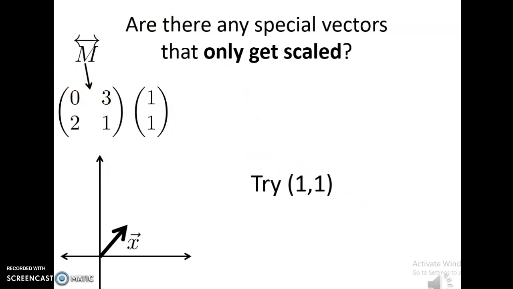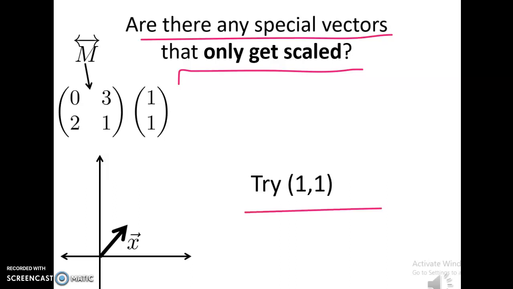Are there any special vectors that only get scaled? We only want the scaling. How? Try 1 comma 1.